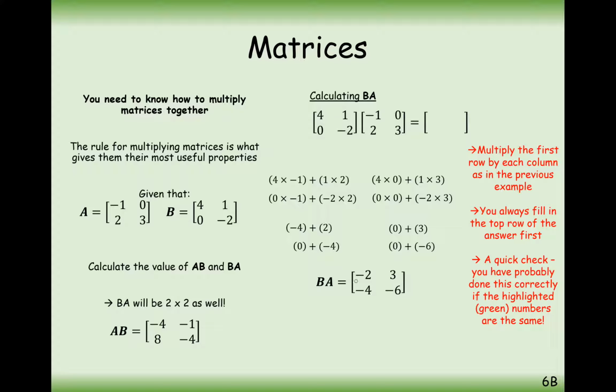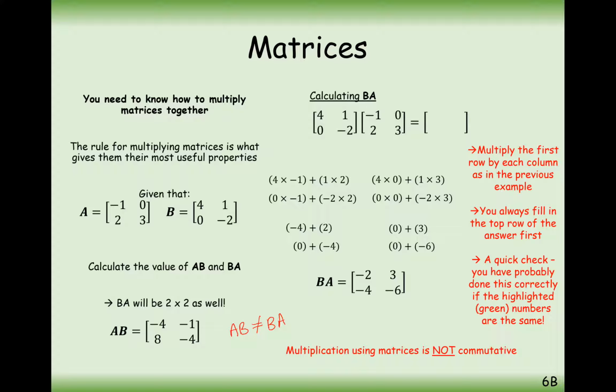And just notice here how our answers to our matrix multiplications here are not the same. So therefore, what we could effectively say is that AB, in this case, is not necessarily the same as BA. So when you reverse the multiplication, you don't always get the same answer.